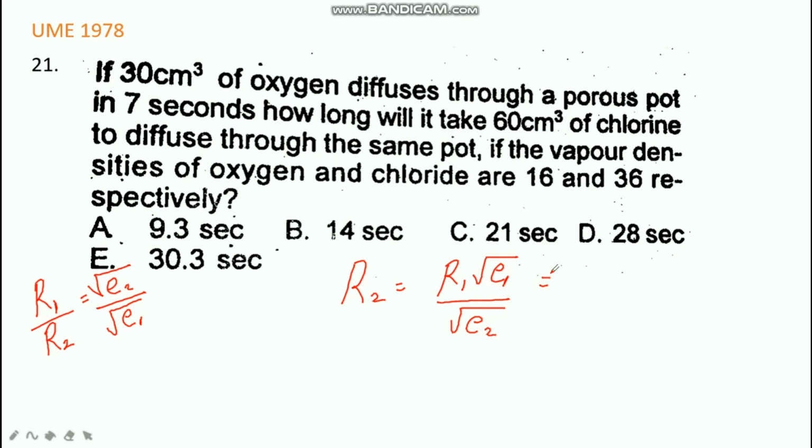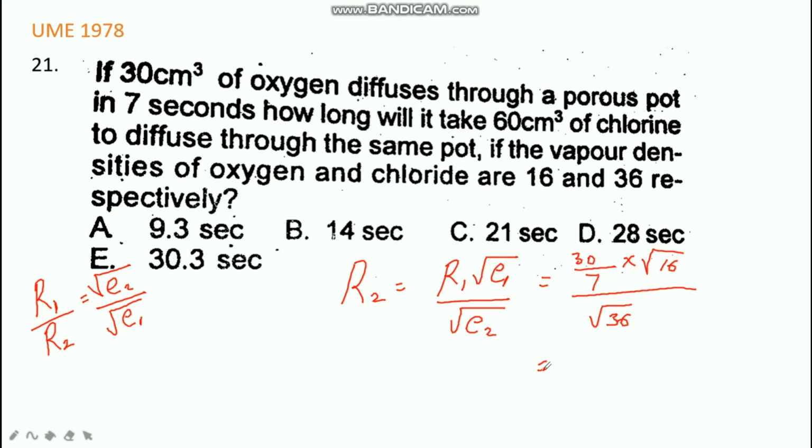So that is going to be equal to the rate of the first gas, which is oxygen, is going to be 30 divided by 7 times the square root of the density of the first one, which is 16, all divided by the square root of the second one, the square root of 36. So let me just quickly figure that out.